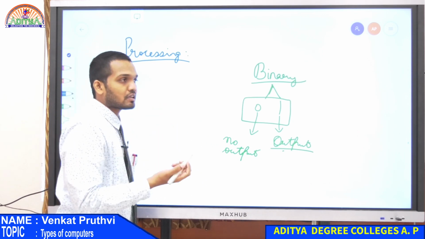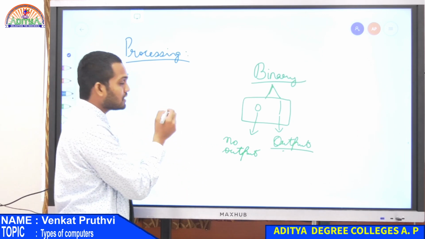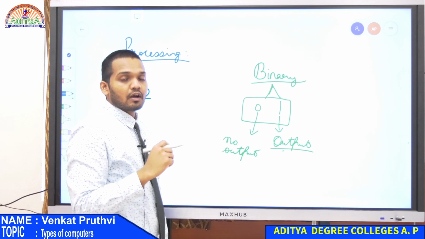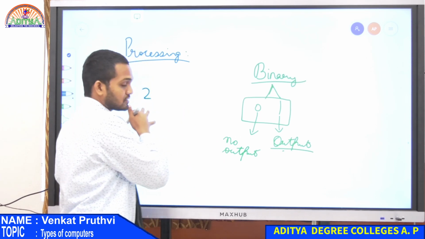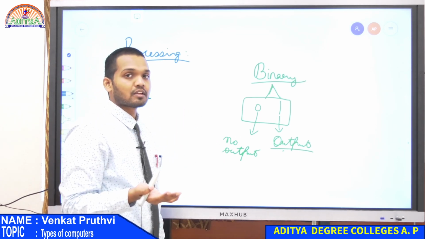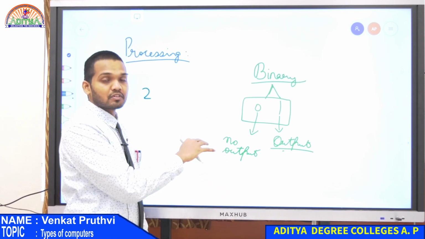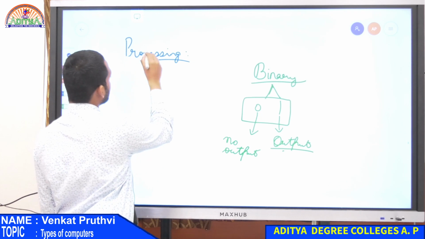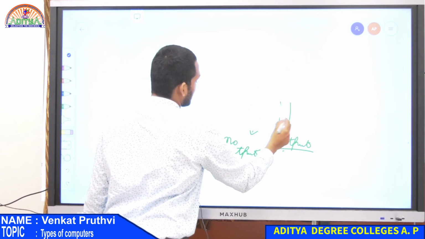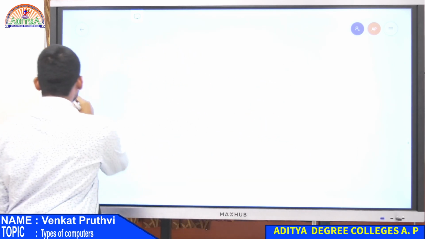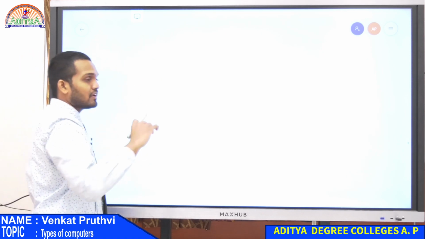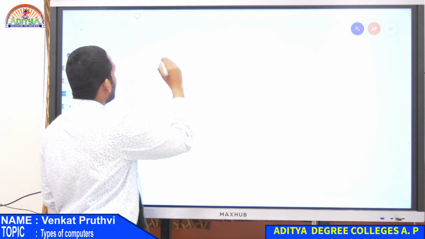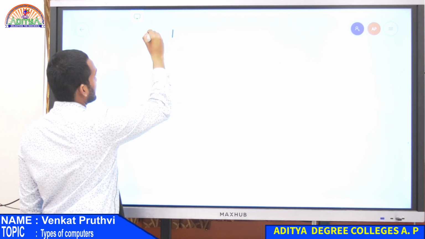Now, how will it understand? Suppose I typed in 2 on the keyboard, how will it understand that it is only 2 and not any other number? It is based on the binary conversion. So, I would like to show you the binary conversion now. Generally in computers or anywhere mathematically, binary means 0 or 1, right.